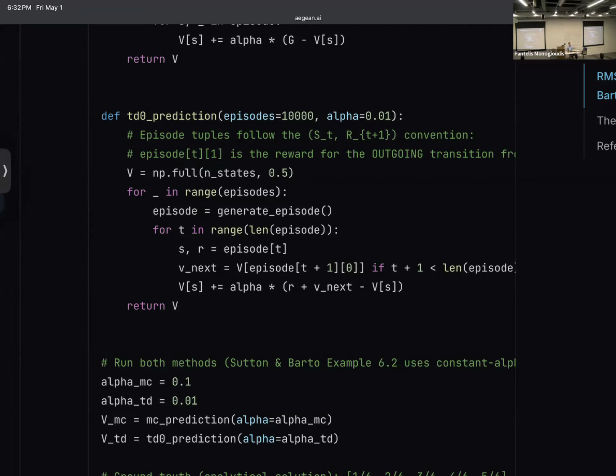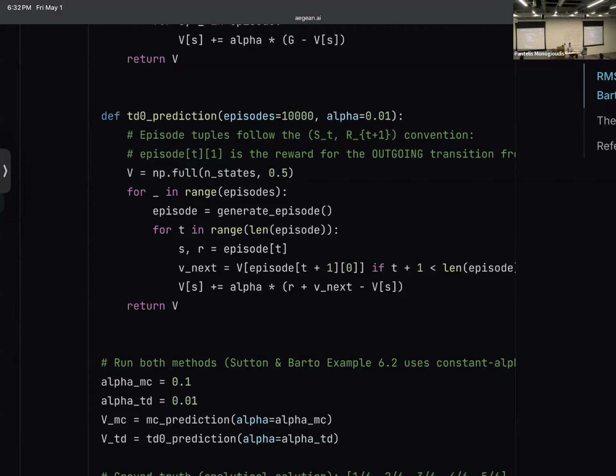Whatever value was there, you pick it for t plus 1, where the episode led you. There's a value there, V of S_{t+1}. You discount it and you add the reward. The R plus V next is your TD(0) target that I wrote in your notes. Are you following? Minus V of S.